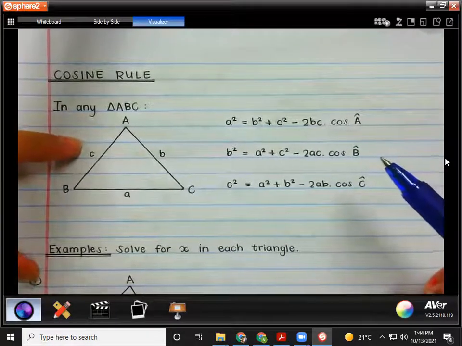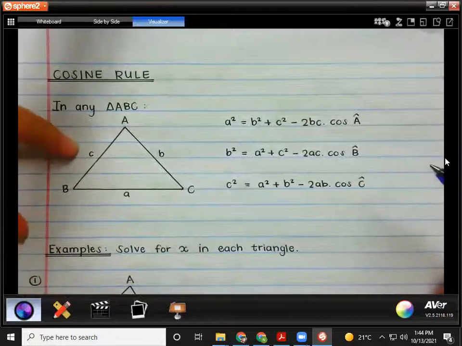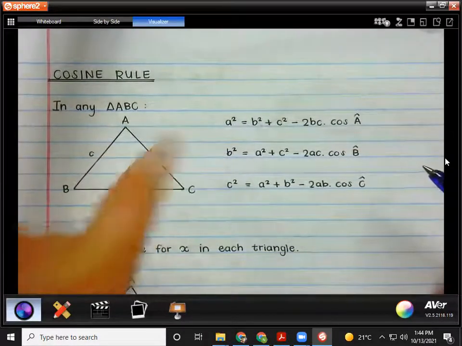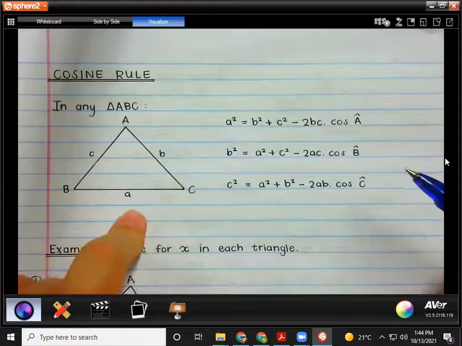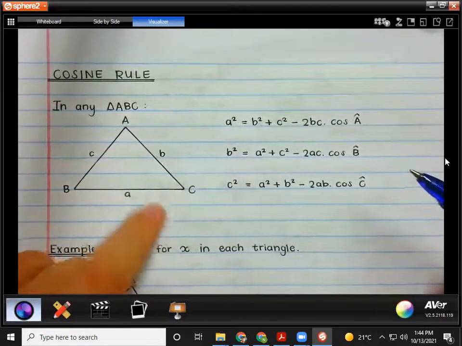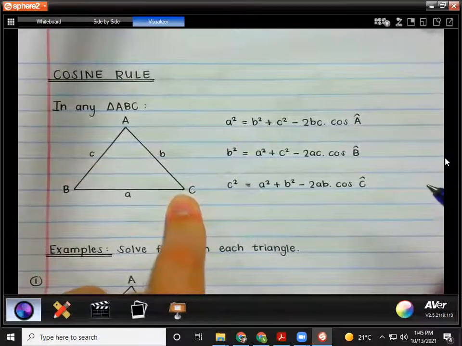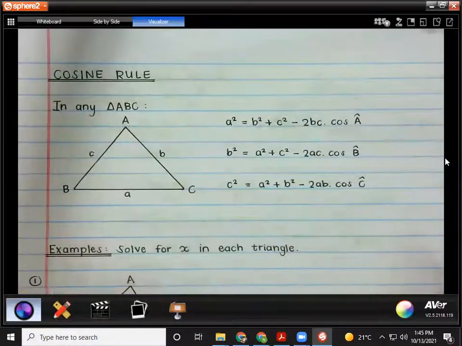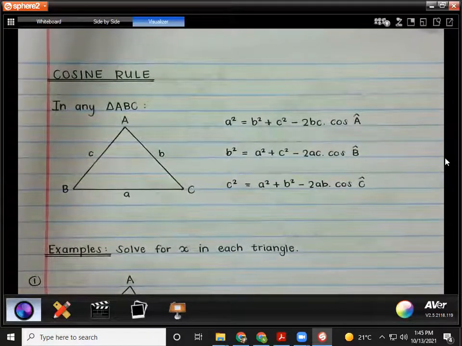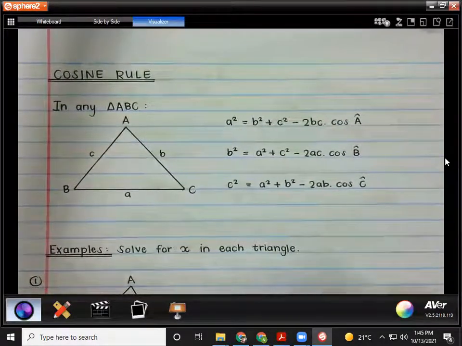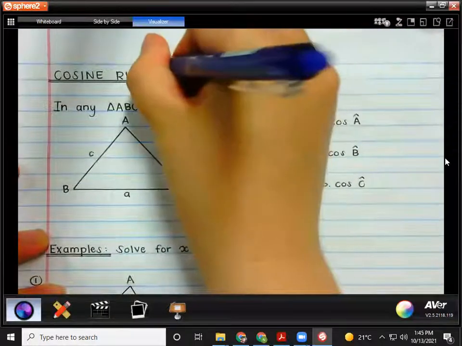If you want to find small c, this side, c squared is equal to those two squares added together, minus 2 times the product of those two sides times cos of the included angle. All right, so this rule is a rule that you can use to find a side when you have the other two sides and the angle that's opposite the side that you're wanting. All right, or if you have the other two sides and the included angle. So let's write that here.